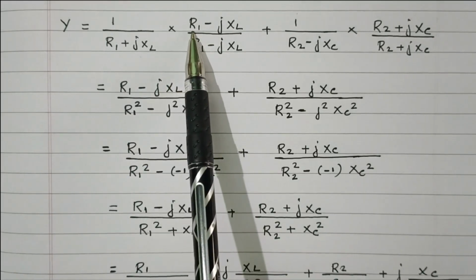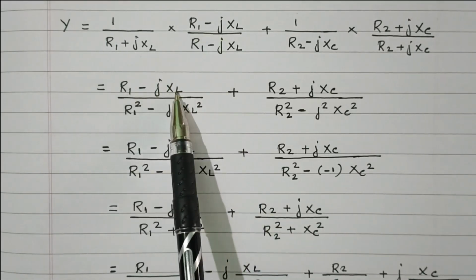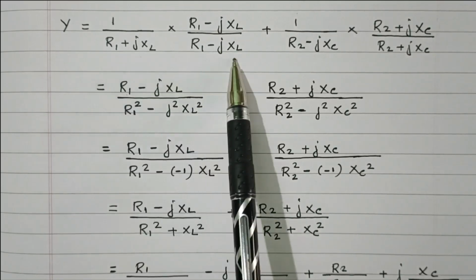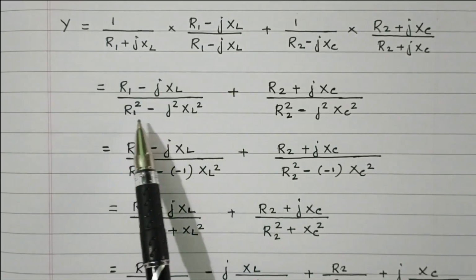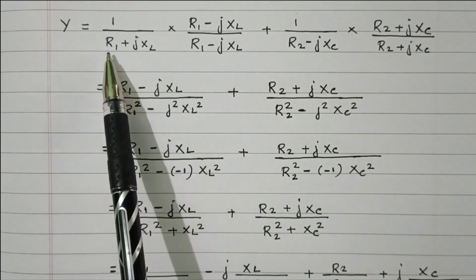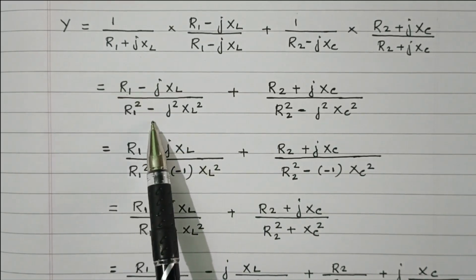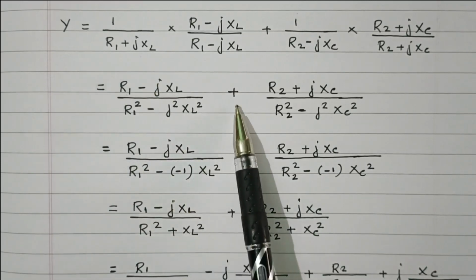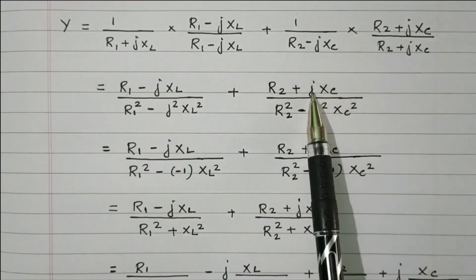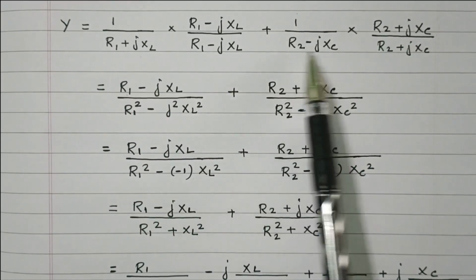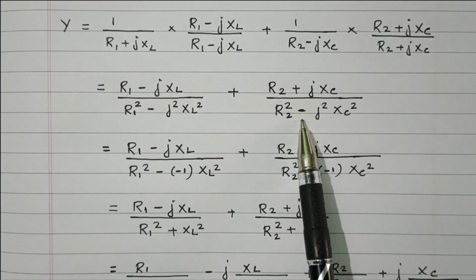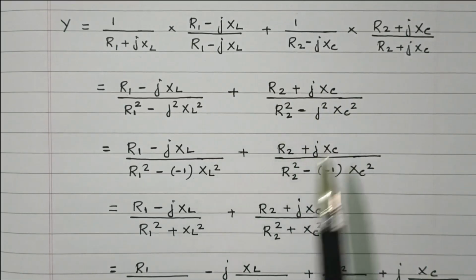Now we'll go for the simplification. R1 plus jXL times R1 minus jXL is nothing but A plus B into A minus B, that is nothing but A square minus B square. A is R1, so R1 square minus B, which is jXL, j square XL square. Plus this R2 minus jXC times R2 plus jXC is also A plus B, A minus B. So A square, R2 square, minus j square XC square.